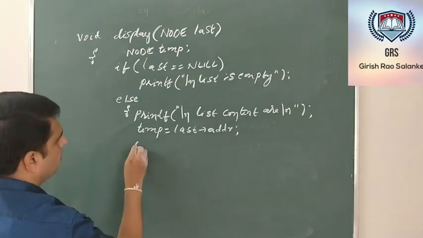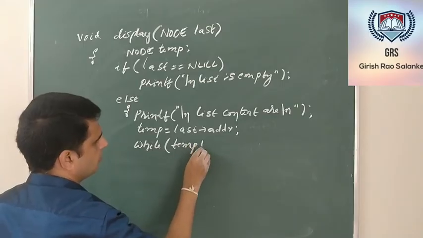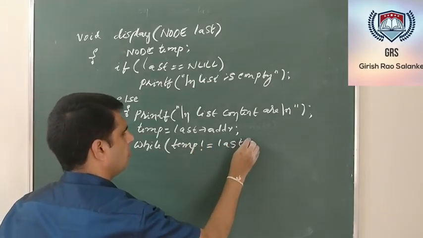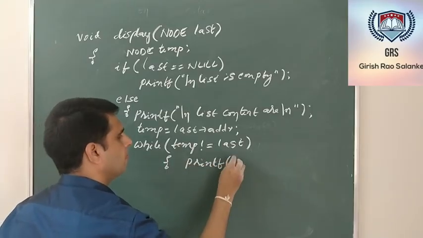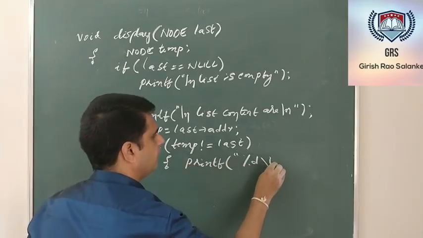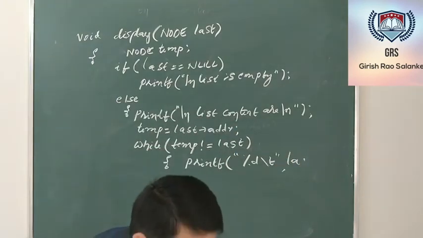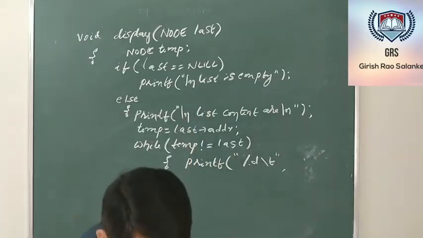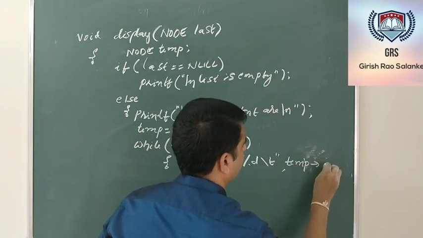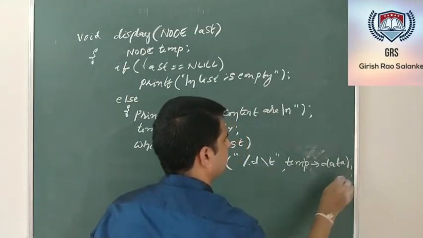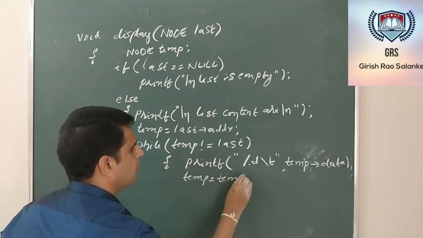Now while temp not equal to last, printf %d, a tab space, temp of data. Change the reference of temp to the next node, temp is equal to temp of address.